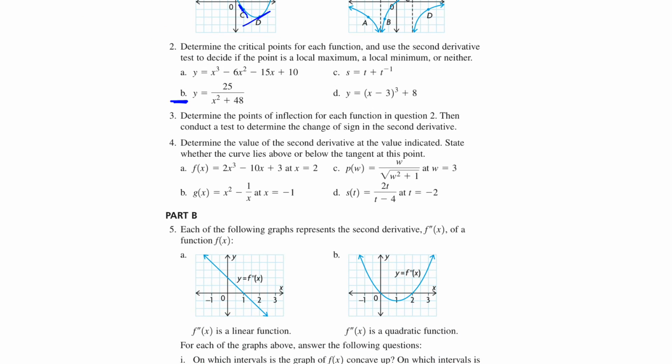Question 2, Part B. Determine the critical point for each function and use the second derivative test to decide if the point is a local maximum, local minimum, or neither. y equals 25 divided by x squared plus 48.